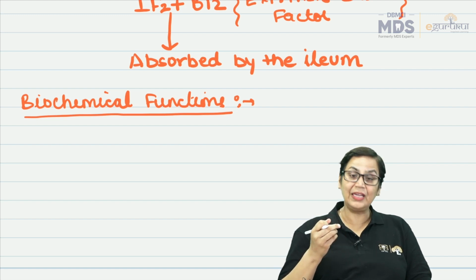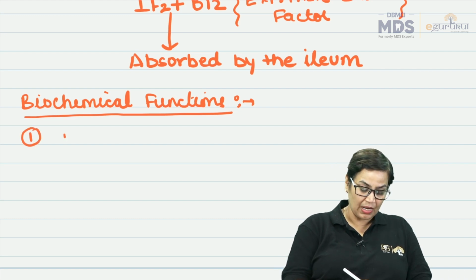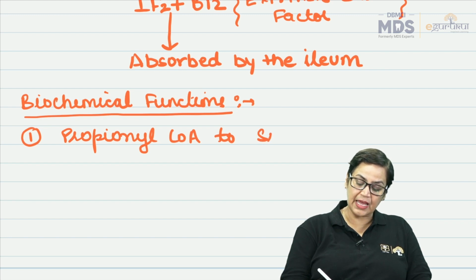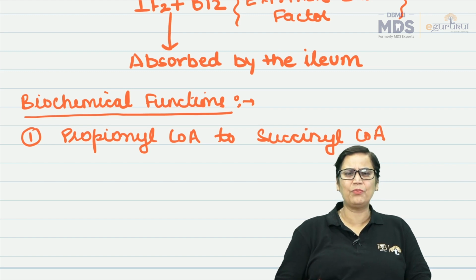Now, what are these three reactions? First reaction is propionyl coenzyme A to succinyl coenzyme A. This is the first very important reaction catalyzed by B12.